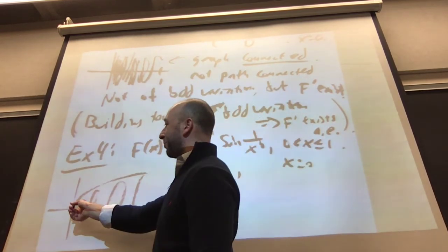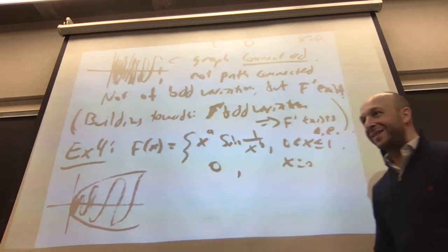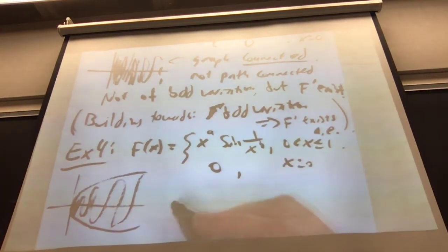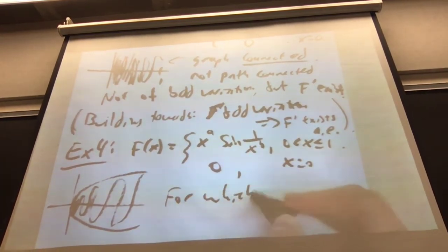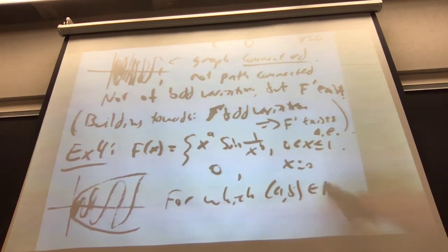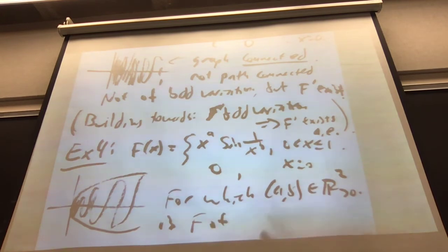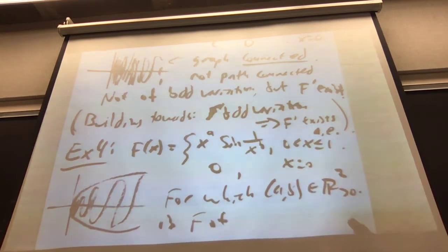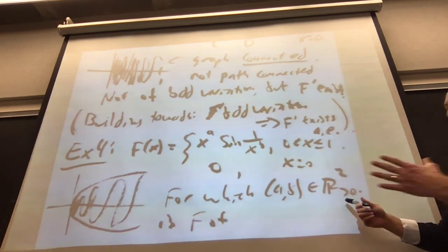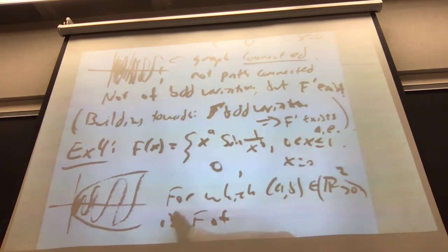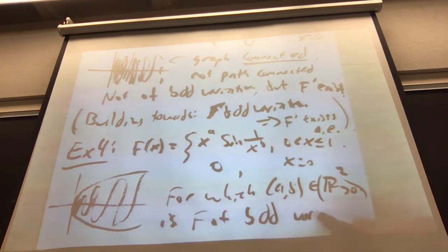So now you only have one option for who you're going to put here. The question is, for which pairs A and B in the open first quadrant of R squared is f of bounded variation?